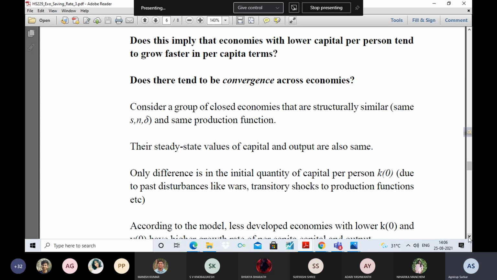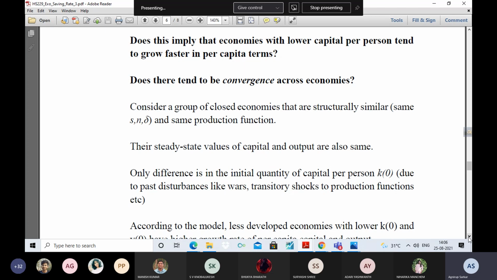So the economies have the same steady state values of capital and output, capital per worker and output per worker, which are small k star and small y star. Now imagine that the only difference among the economies is in the initial quantity of capital per person, right?